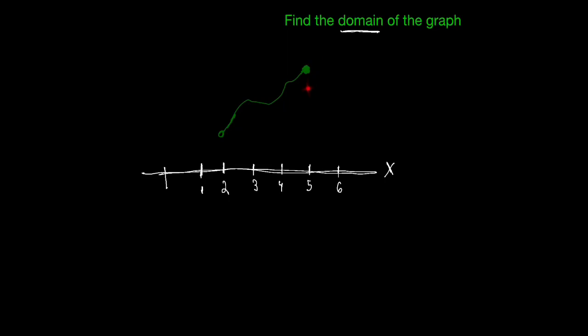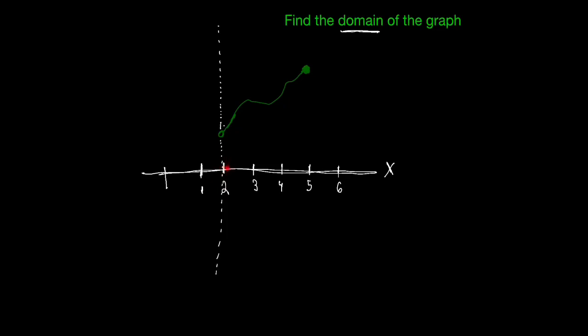Now we also have to pay close attention to whether we have a closed circle or an open circle. So here, our lower bound is going to be emphasized with this vertical line here. And you see that my lower bound here is going to be 2.